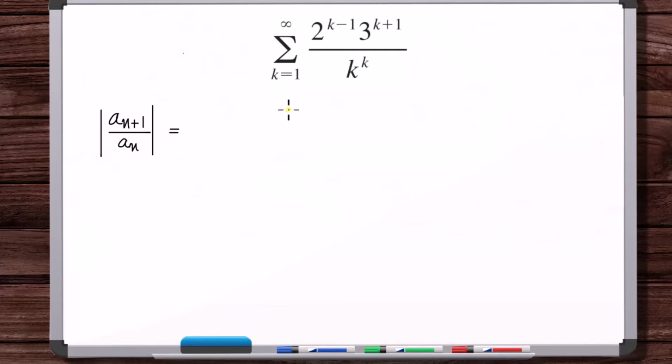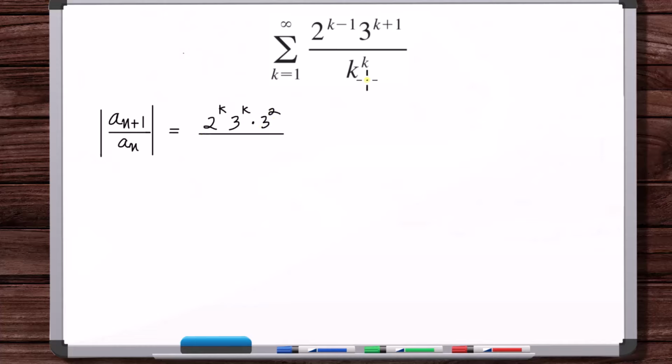So we can remove the absolute value, and then we've got 2 to the k plus 1 minus 1, which is just 2 to the k, times 3 to the k plus 1 plus 1. Now we know with these ratio test problems, we're going to end up canceling terms. So let's transform this 3 to the k plus 2 into 3 to the k times 3 squared.